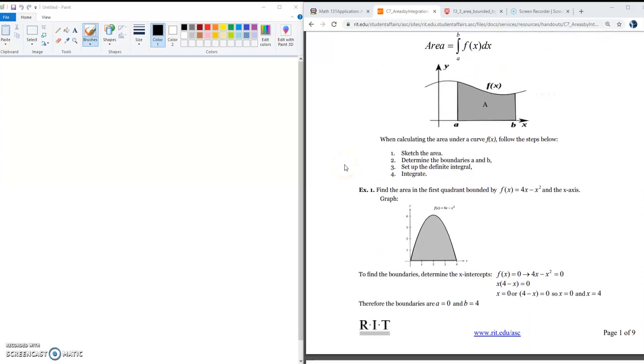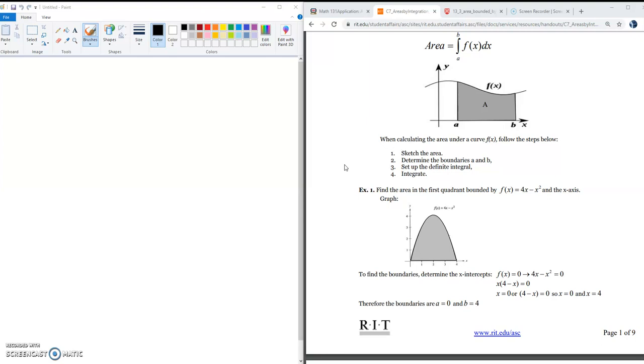Now, if a graph of your function is not given, use Desmos to get the graph and also get the x-intercepts or the boundaries or the a and the b of your integral.